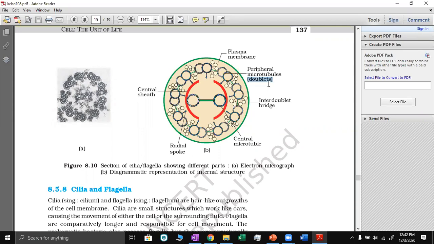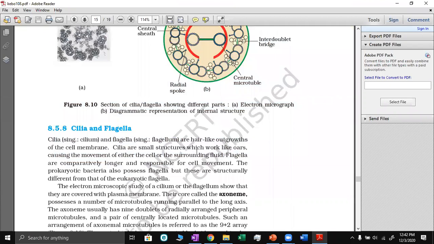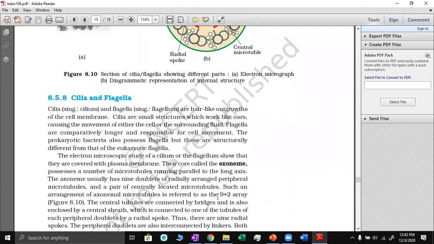And there is a central portion, central microtubule. In the central microtubule, there is one pair. So nine pairs at the periphery and one pair at the center. This arrangement is called 9 plus 2. You can see the 9 plus 2 array.